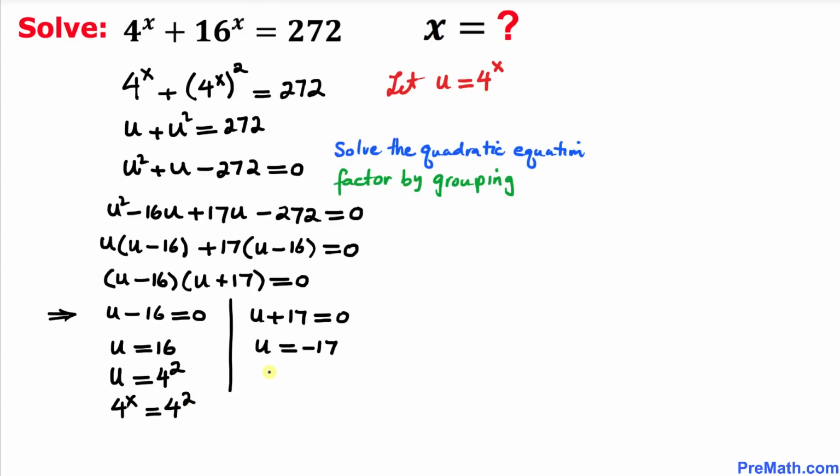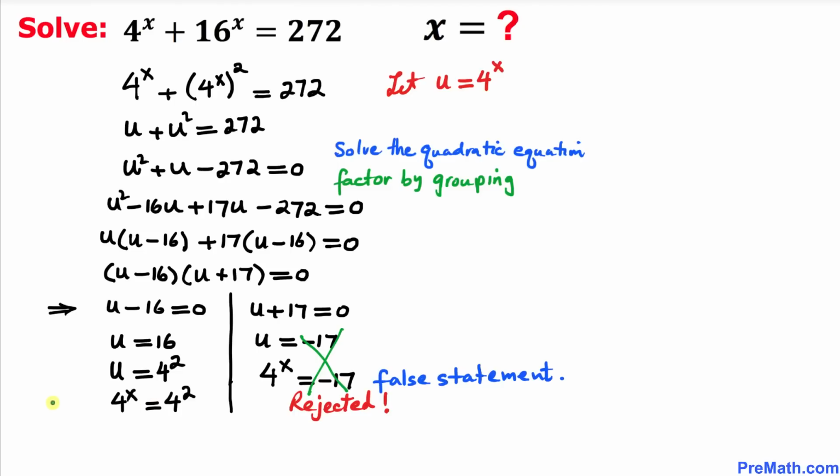And likewise on this side, 4 power x equals negative 17. And now we can see that this exponential function 4 power x cannot be equal to a negative number. So therefore this is a false statement, and we are going to reject this scenario.